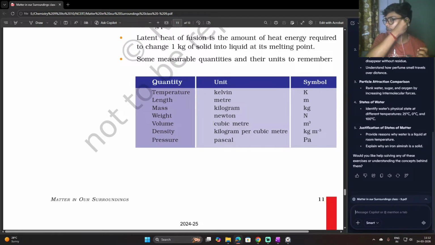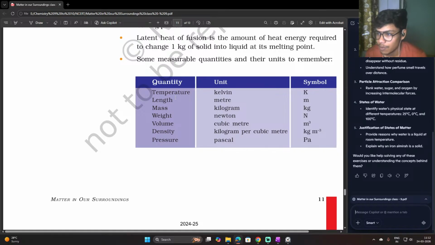These are the units you will be using in chemistry. Remember these basic units. For temperature, in any numericals you have to use Kelvin, symbol K. Length: unit meter, symbol m. Mass: unit kilogram, symbol kg. Weight: unit Newton, symbol N. Volume: unit cubic meter, symbol m³.